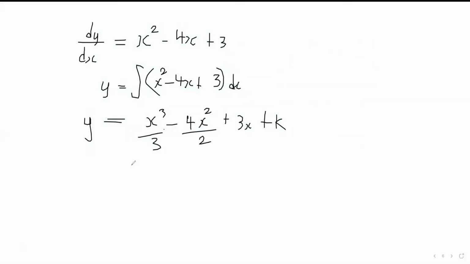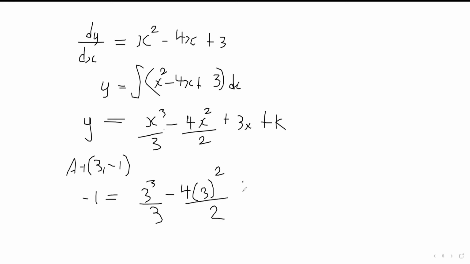At (3, -1), we plug in y as minus 1, and we get minus 1 is equal to 3 cubed over 3 minus 4 times in bracket 3 squared over 2 plus 3 times 3 plus k.